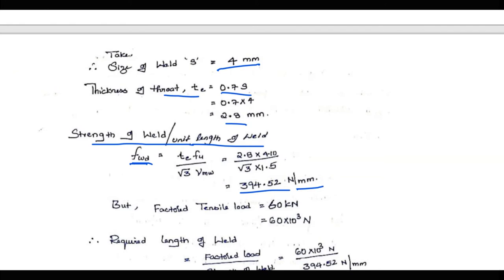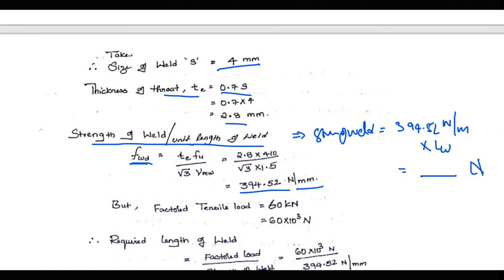So what would be the actual strength of the weld? Strength of weld will be equal to 394.52 Newton per mm into length of the weld, which will give you some value in terms of newtons. That is the strength of the weld.